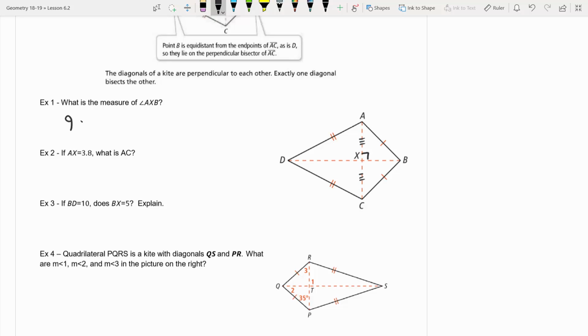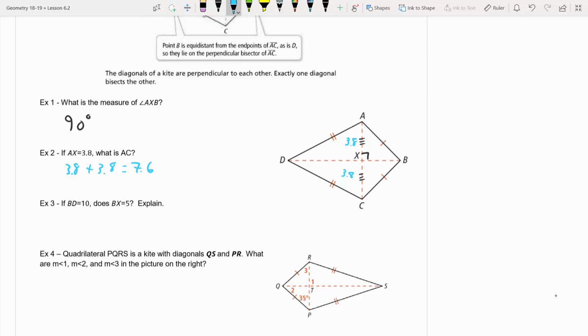So that measure is just 90 degrees. They then asked if AX was 3.8, what was the measure of AC? Well, since AX and XC are the same thing, we would just combine them. So 3.8 plus 3.8 is going to give me 7.6.